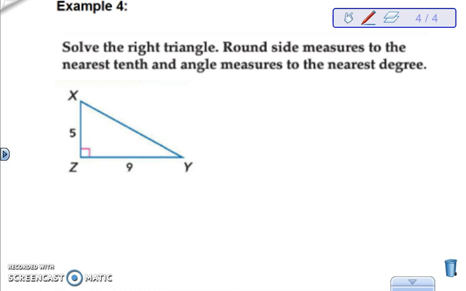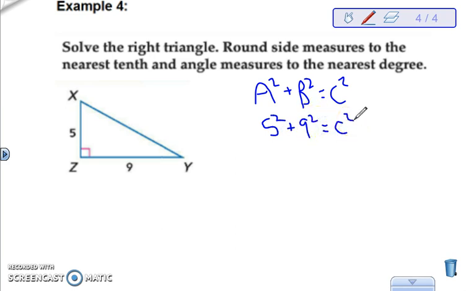So if we look at what we've got, we know that if we know the two legs, we can use our Pythagorean theorem to get the hypotenuse. So 5 squared plus 9 squared equals c squared. Right, type all that in. So c equals the root of 106.